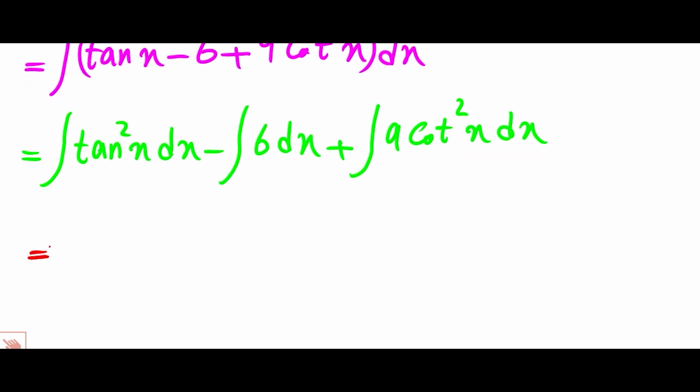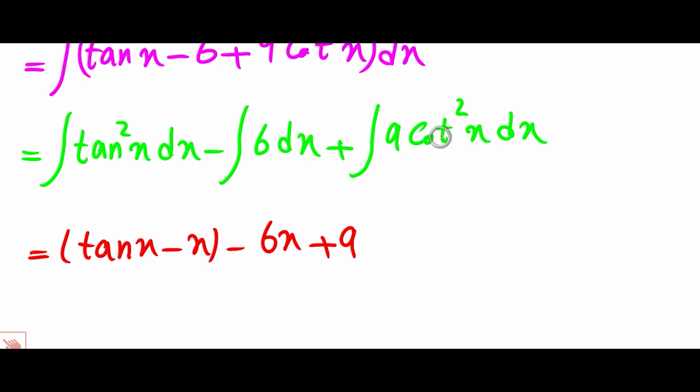As you know, the integral of tangent squared x equals tangent x minus x, the integral of 6 dx equals 6x, plus 9 times the integral of cotangent squared, which equals negative cotangent x minus x, plus c.